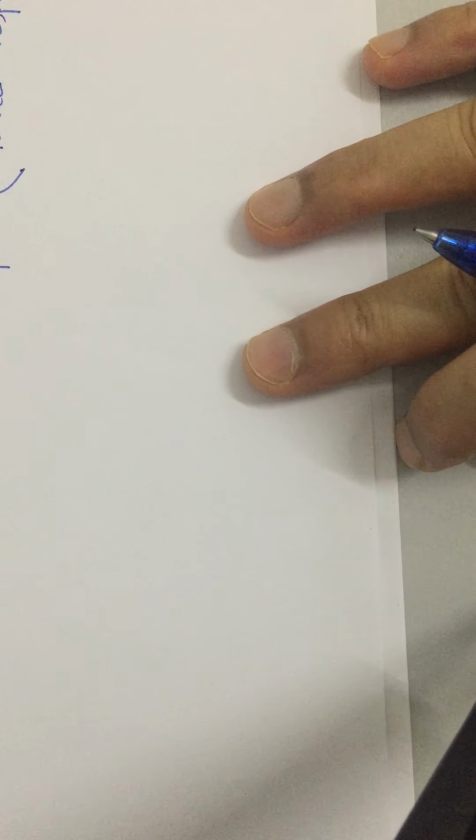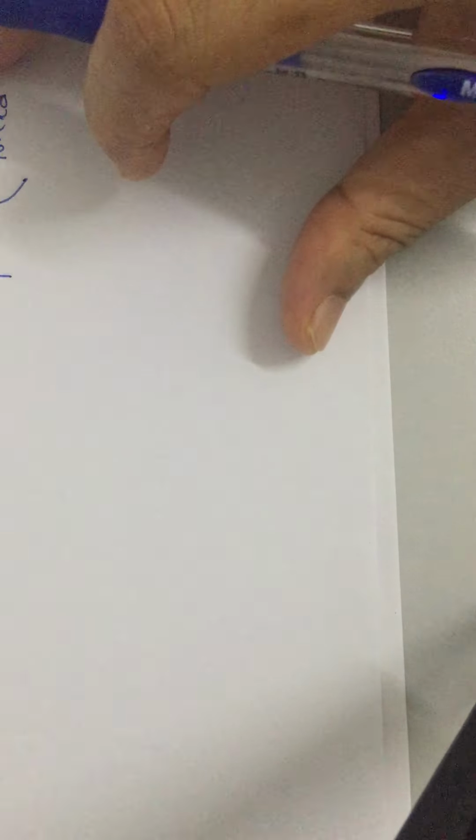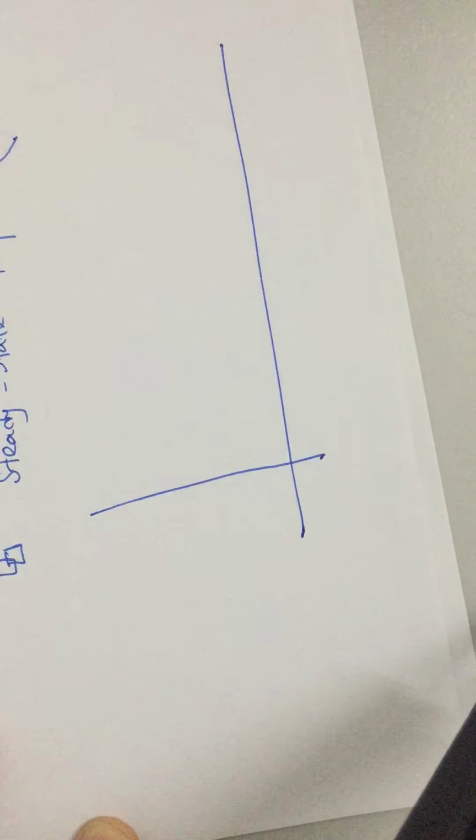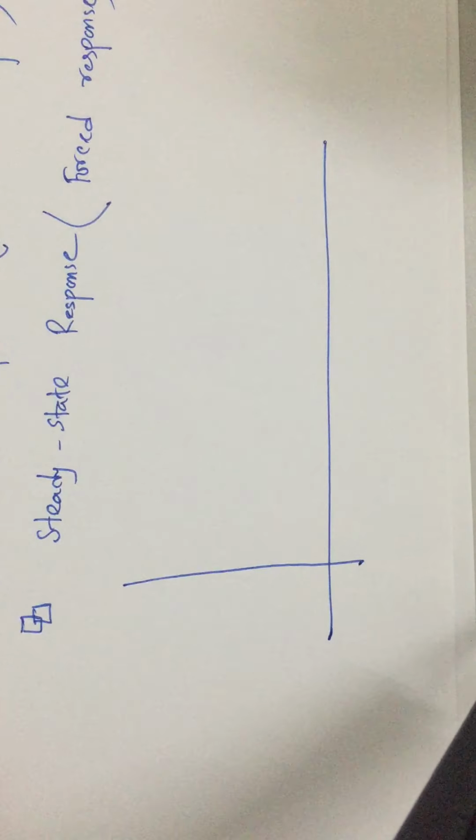Let's see what the transient response and the steady state response are. If we check our slide, never mind, let me draw for you. Let's say we have a system and the output of the system is like this.